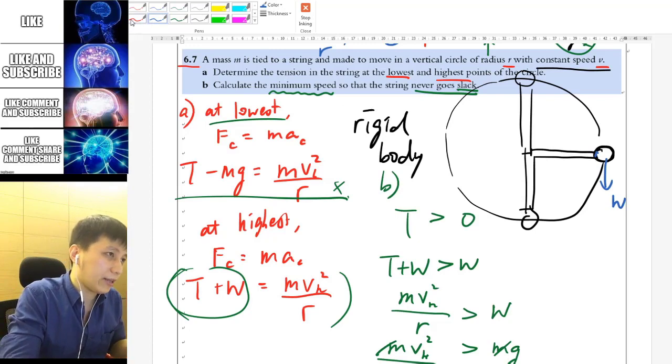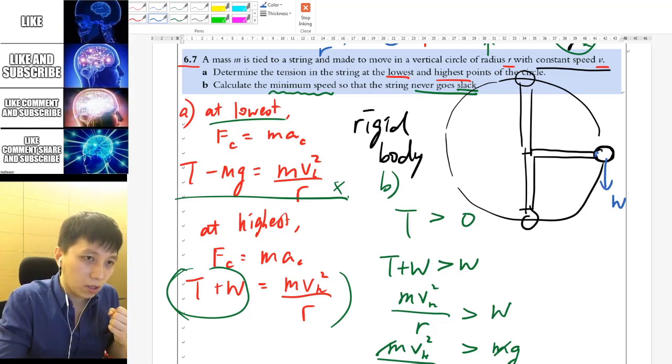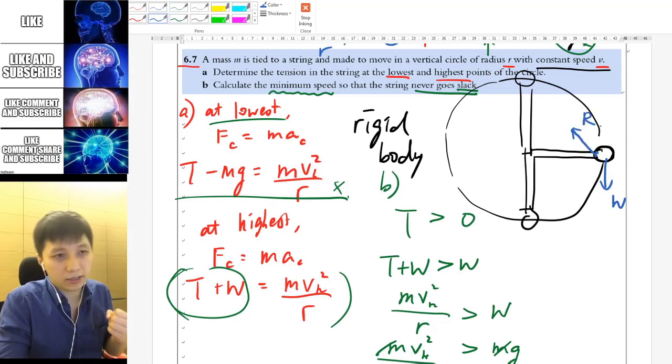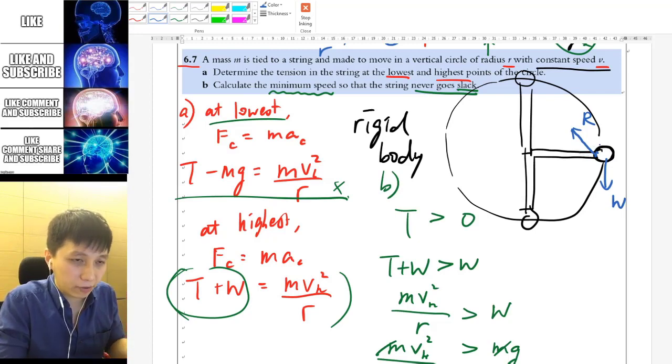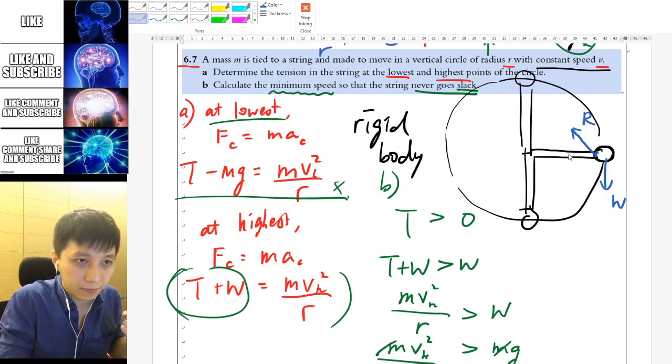What you can have instead is a reaction force going in this direction. So at the end of the day, the reaction force going in this direction and the weight going down give a net force that is pointing towards this direction.